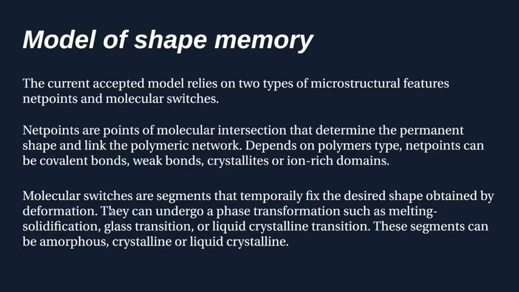And the molecular switches are segments that temporarily fix the desired shape obtained by deformation. So it can go through phase transformation. This molecular switch can change through melting and then solidifying, glass transition, or liquid crystalline transition. These segments can be amorphous, crystalline, or liquid crystalline.